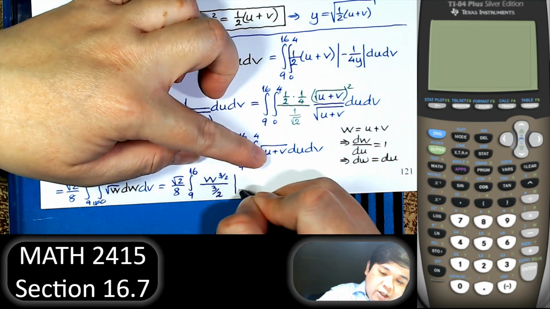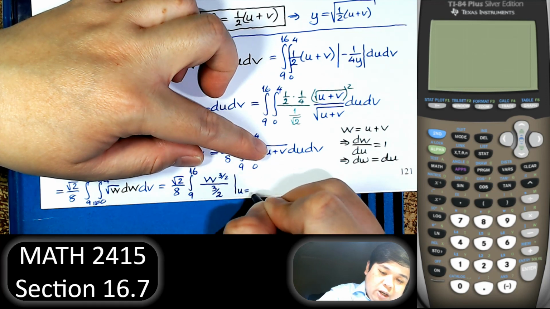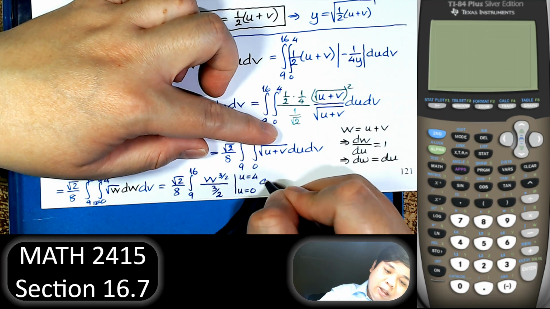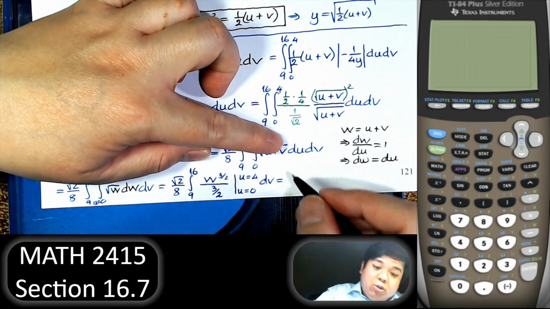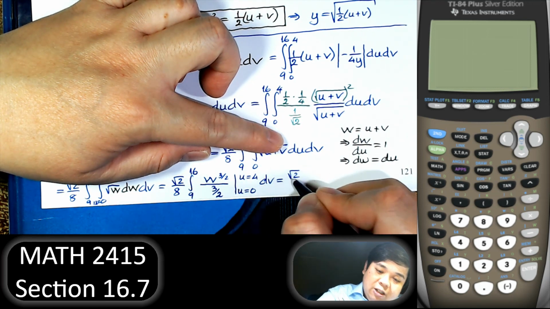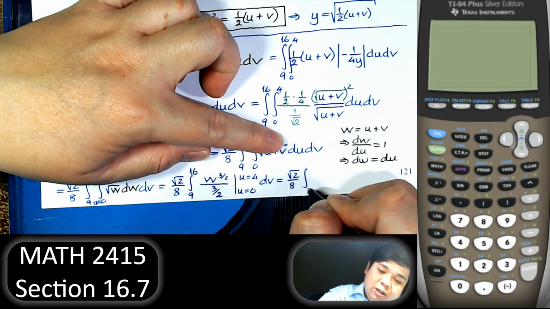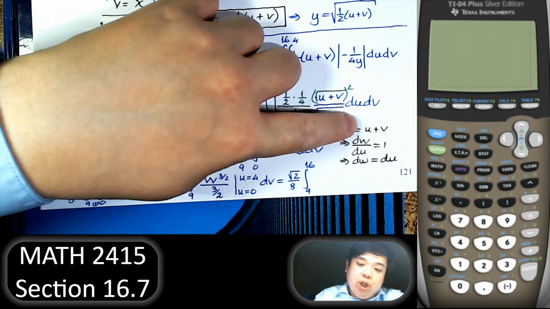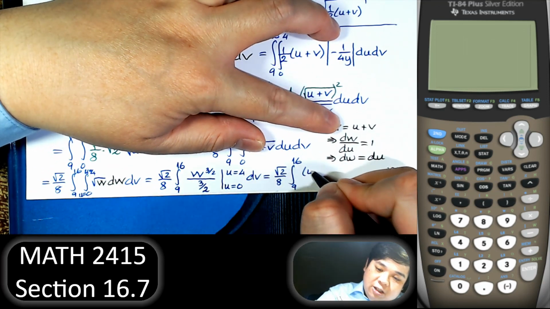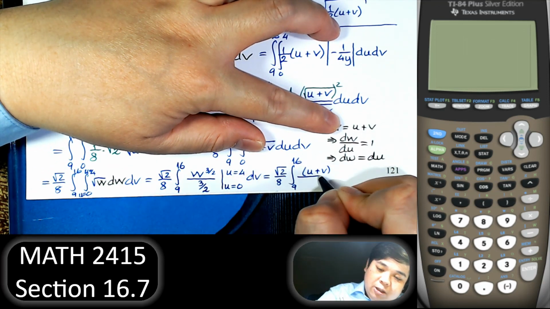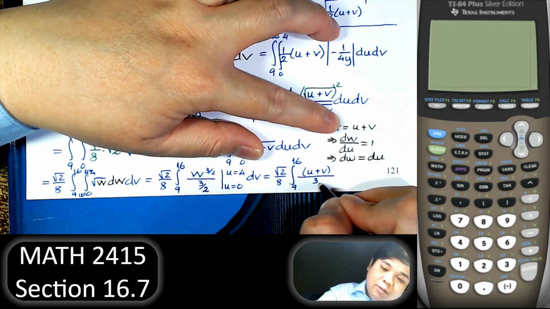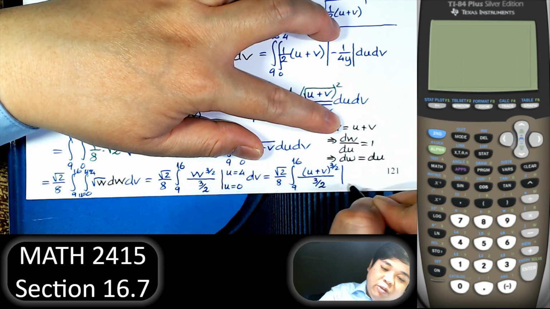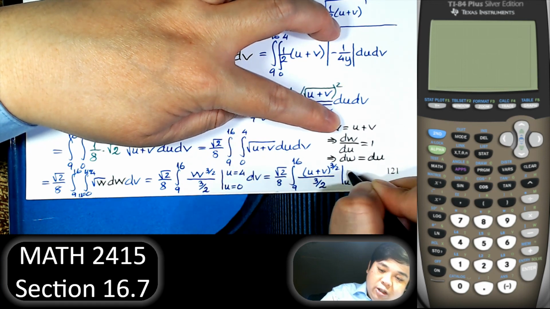Integral going from u equal to 0 to u equal to 4, dv. But I have to write this as w as u plus v first, before I substitute 0 and 4.